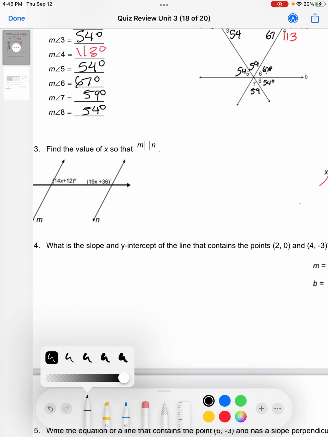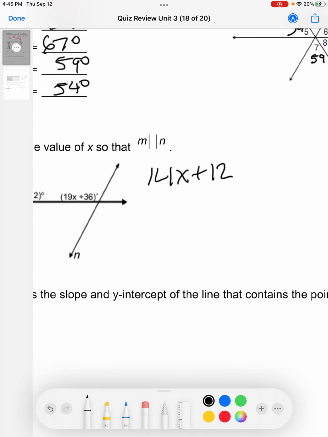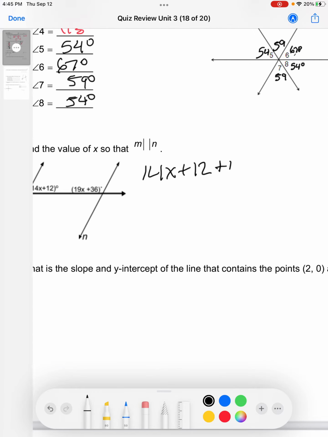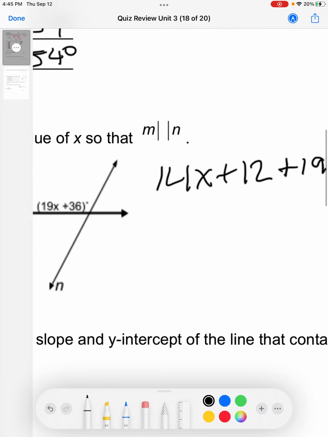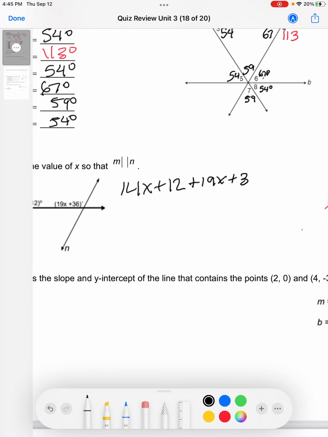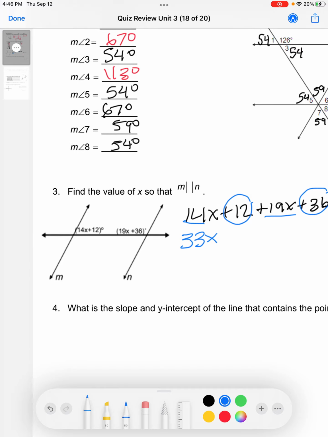So I'm going to add those two together and set it equal to 180. 14x plus 12 plus 19x plus 36 equals 180 degrees. I'm going to add my like terms together. My 14x and 19x added together make 33x.